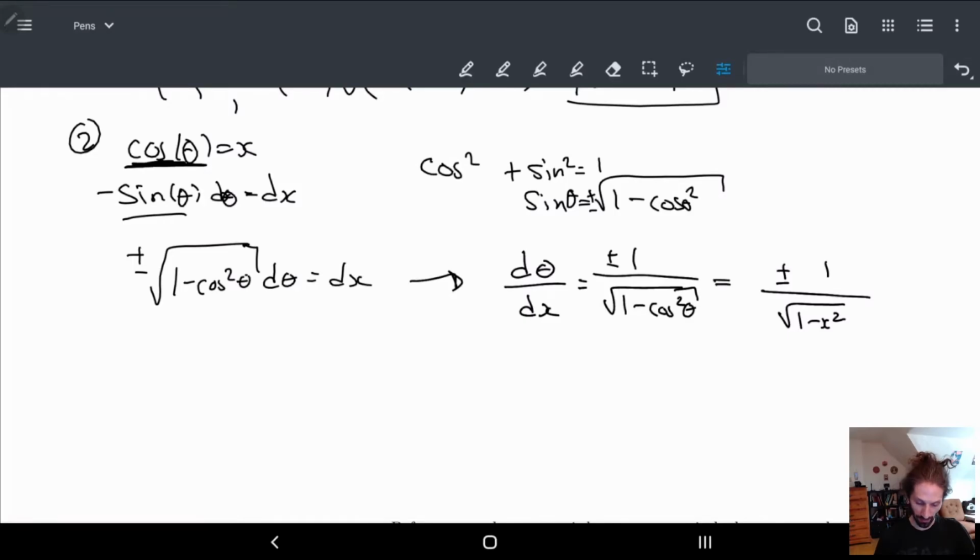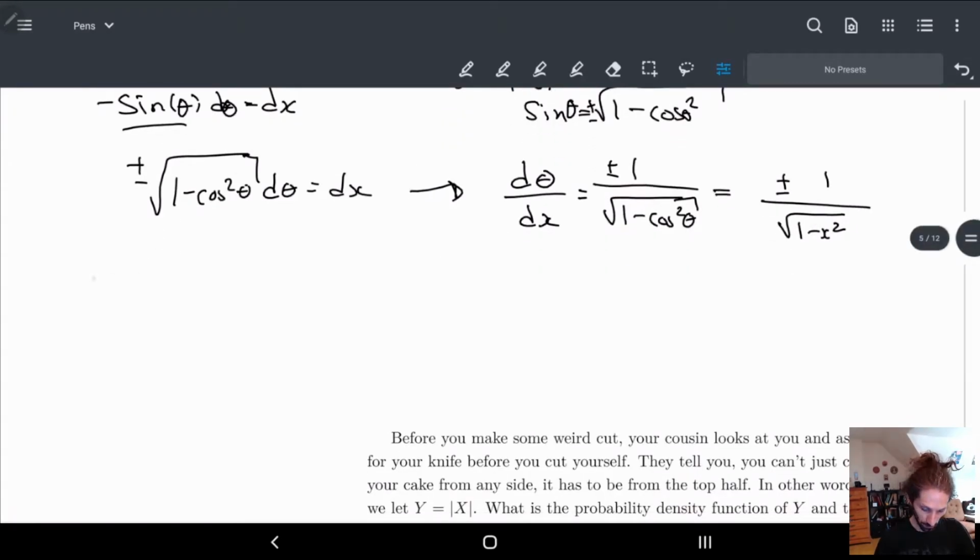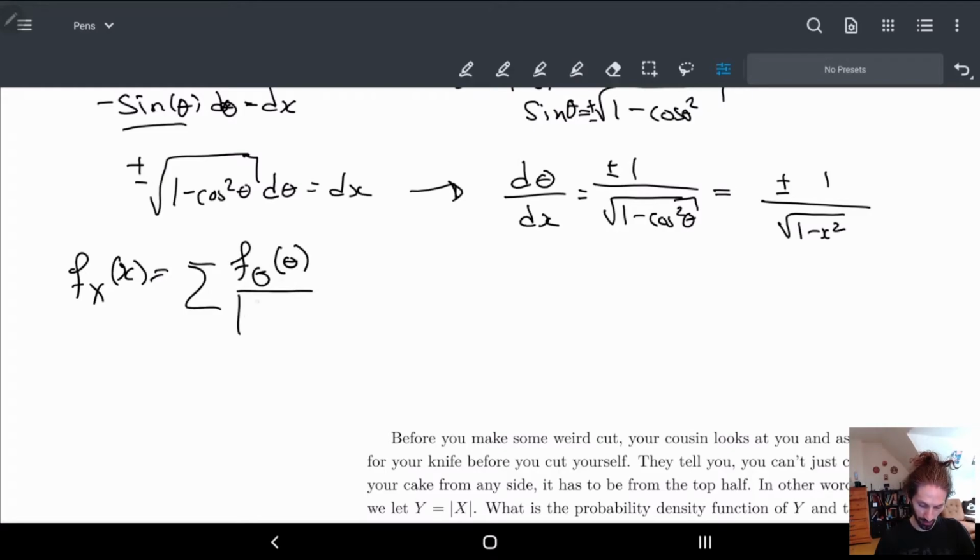Okay, now we have to solve our function, right? Remember, f of x, in this case, is going to be equal to all the possible summations of f theta over the derivatives. In this case, our f theta, since it's uniform, is just 1 over 2 pi. So we have 1 over 2 pi, and then we take the absolute value of the derivative.